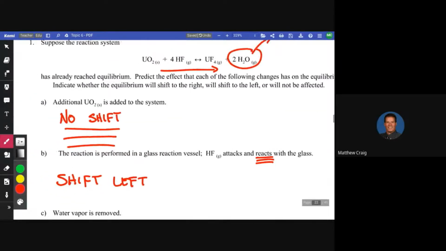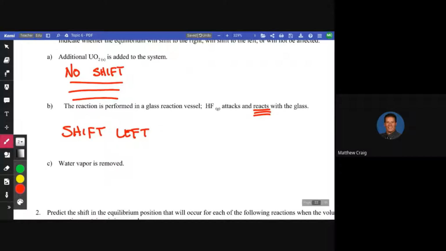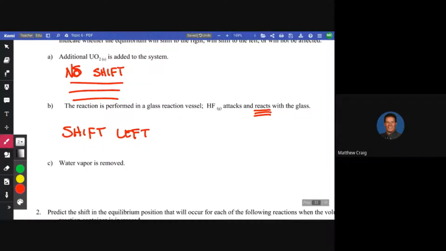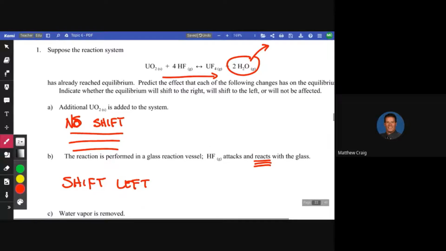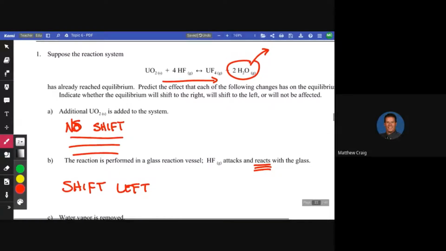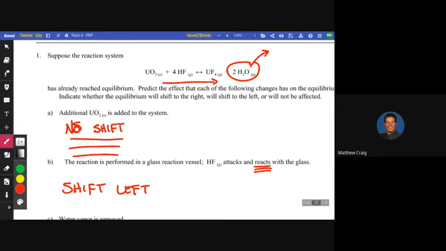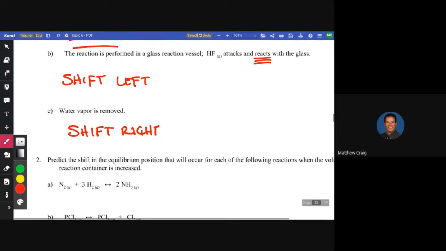So in this case here, we will shift right. Again, we shift away from the addition, we shift toward the removal. And that goes for reactants, gases, energy. So when we talk about the energy here in a few minutes.